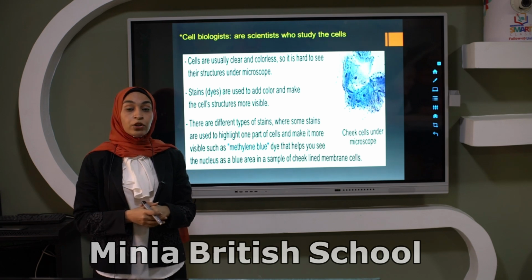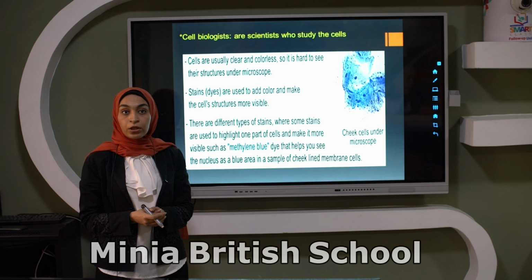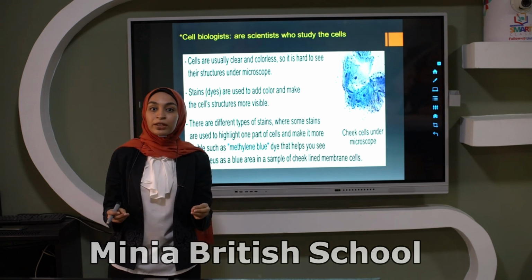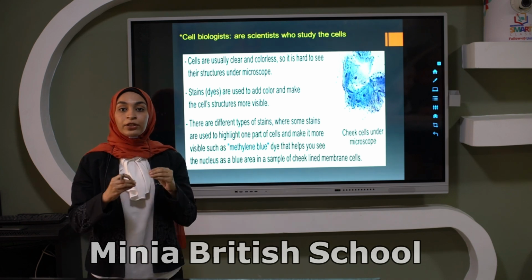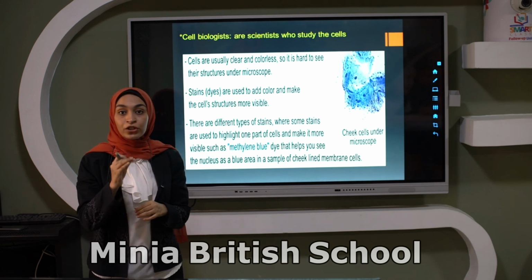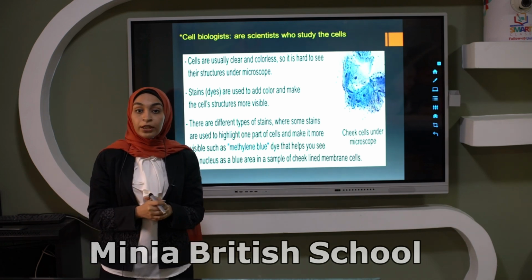Okay, can we see all the organelles inside the cell by using the microscope? Of course not, because some organelles are clear and colorless. So I need to add some color, or actually stains or dyes, to make it more visible. Like what?